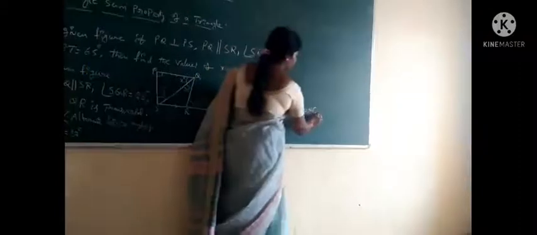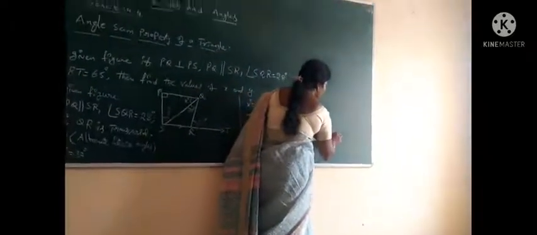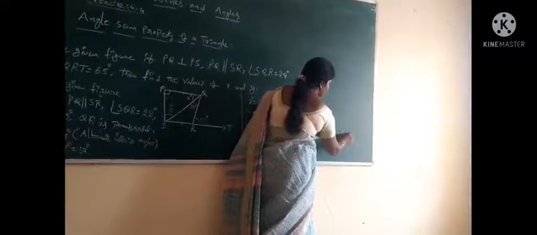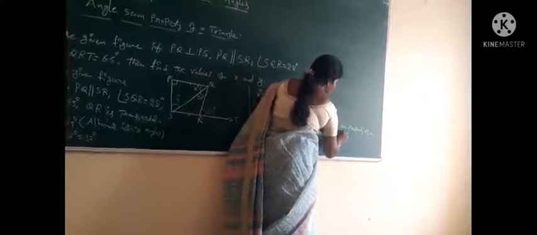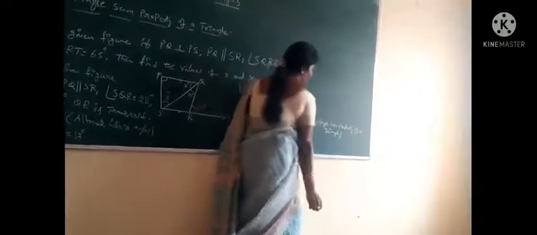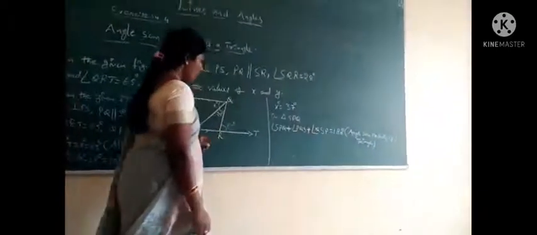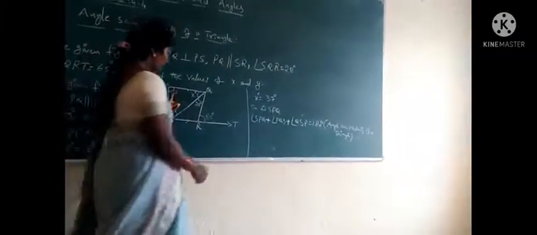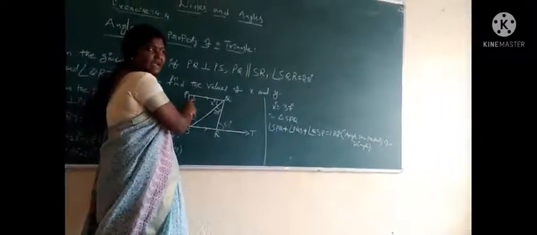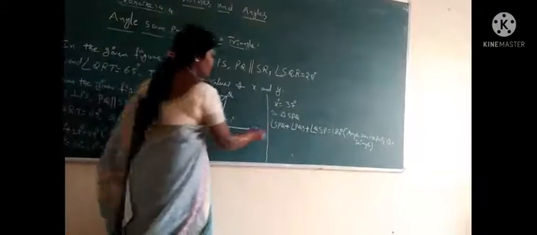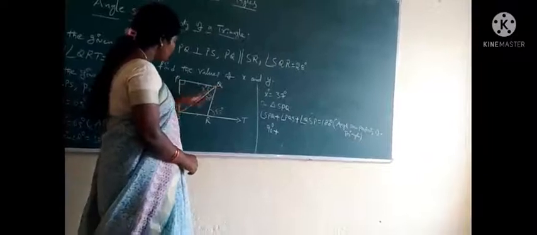This is the angle sum property of a triangle. So, angle SPQ is a right angle. Right angle is 90 degrees.